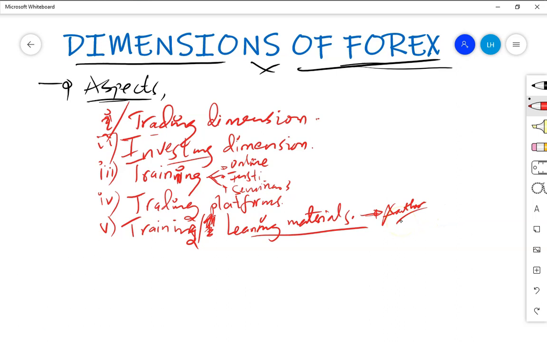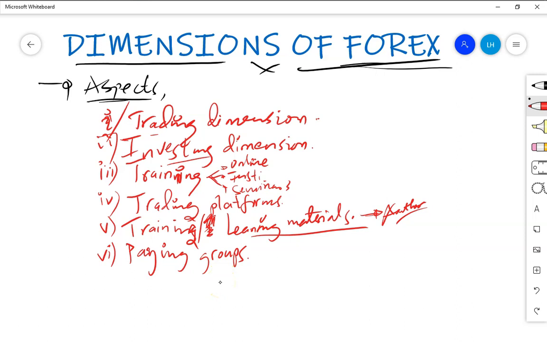And also we have the sixth aspect, another dimension of forex. We have those called the paying groups. I think this is also most common. There are certain people who enter the forex industry and invest in creating paying groups.